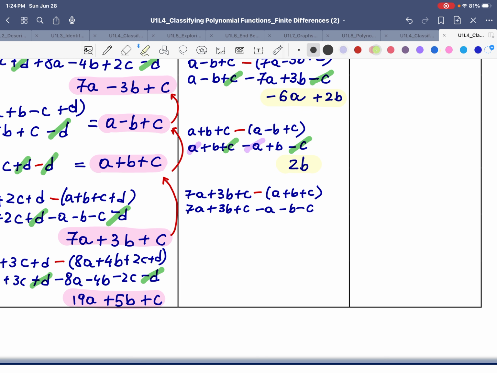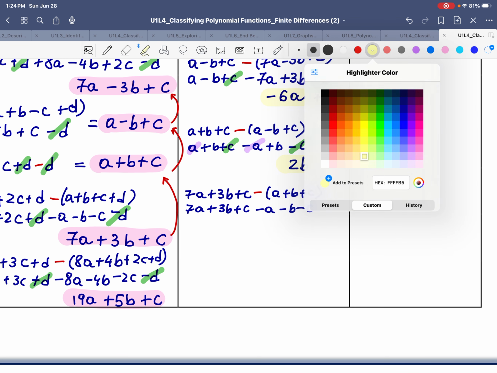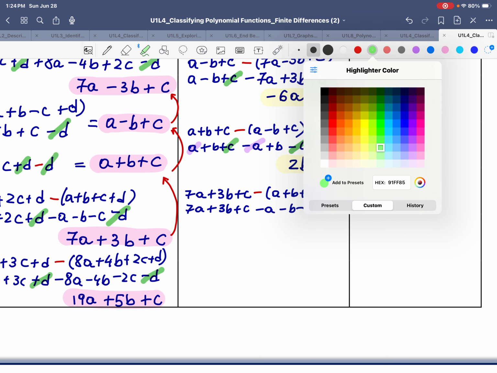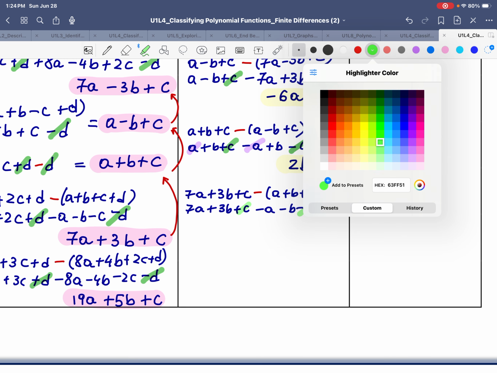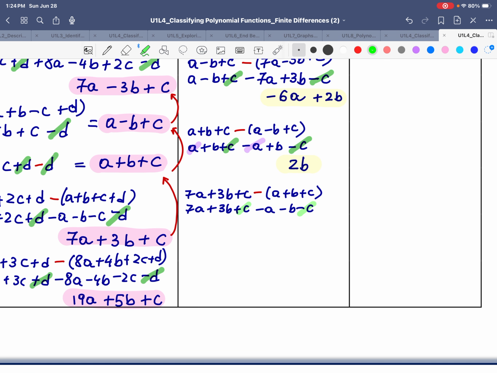So again, as you can see, we are losing in here our coefficient c. So c plus negative c will add to 0. And we're going to say that 7a minus a will give 6a, and 3b minus b will give 2b.